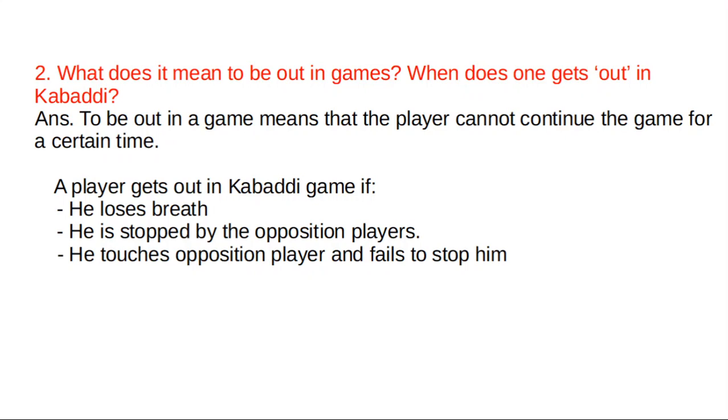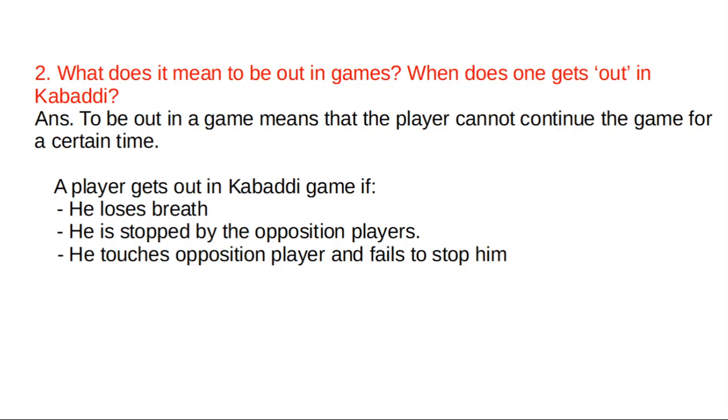What does it mean to be out in games? When does one get out in kabaddi? To be out in a game means that the player cannot continue the game for a certain time. Out means he is not allowed to play for a certain time.